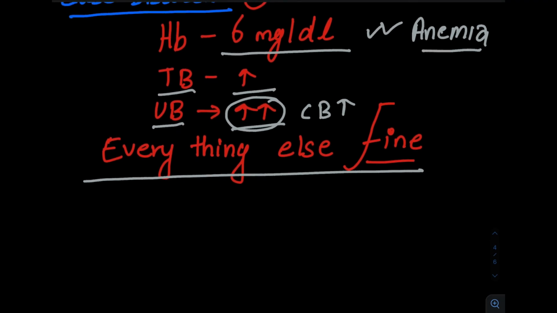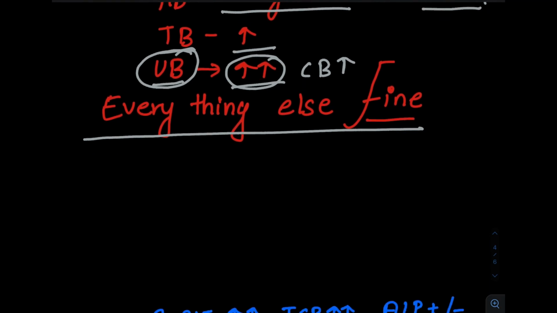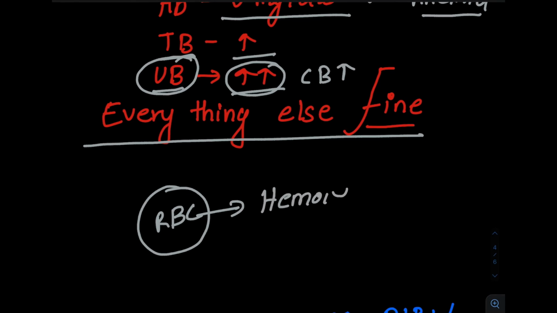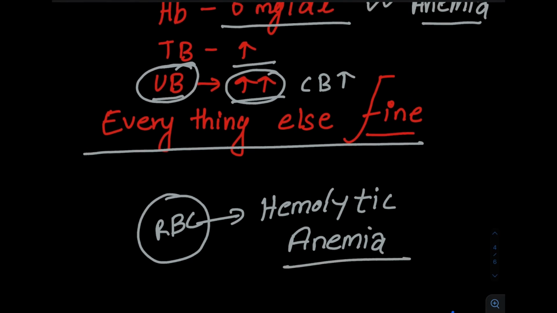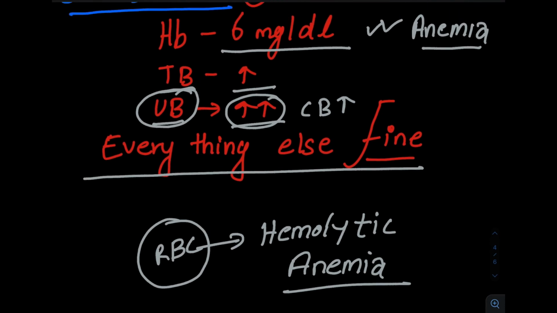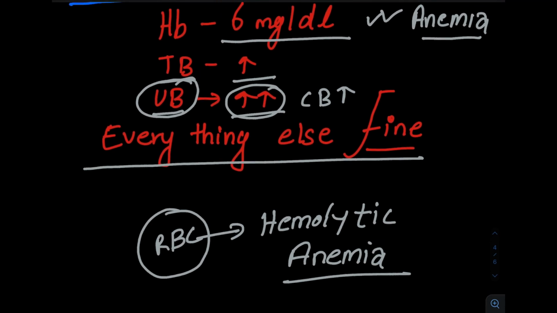So there is anemia, and there is also an increase in the level of unconjugated bilirubin. This type of condition occurs when there is increased rupture of RBCs, as occurs in hemolytic anemia. A similar picture is seen: decrease in hemoglobin level, increase in unconjugated bilirubin, and increase in total bilirubin, but everything else is fine.